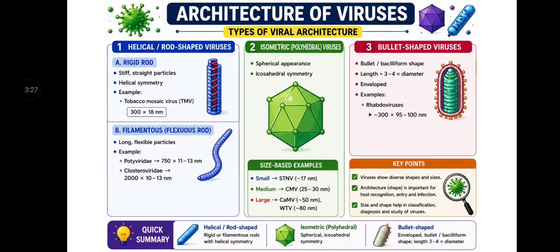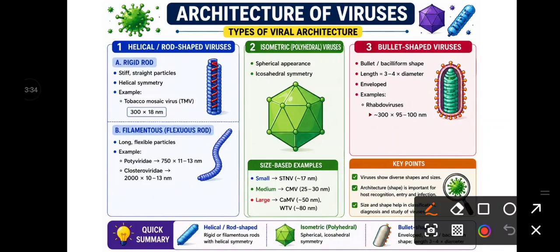Next, the most important virus architecture is the bullet shaped virus or bacilliform or complex symmetry virus. Here it is a bullet shaped structure, meaning the length is 3 to 4 times its diameter. Here you can see, and generally bullet shaped viruses are enveloped, and I have already told you an enveloped virus example is rhabdovirus or orthotospovirus, tomato spotted wilt virus, tospovirus, and size is 300 into 95 to 100 nm.